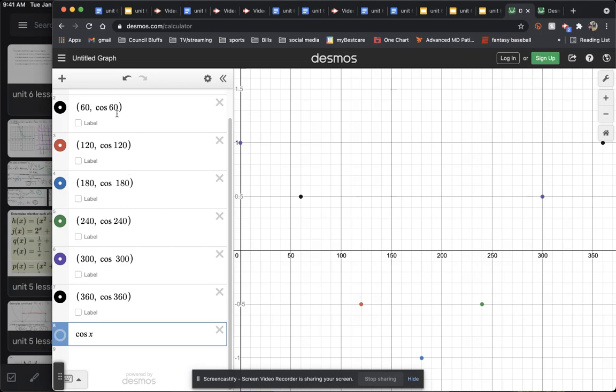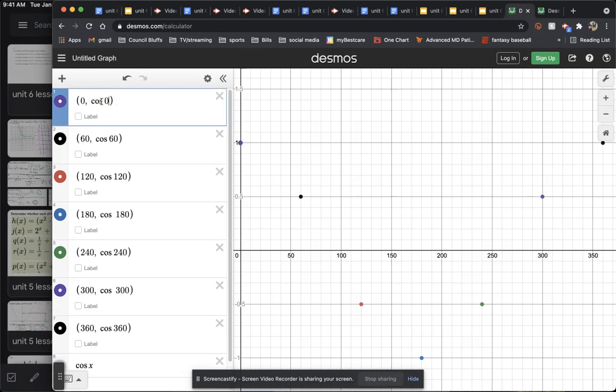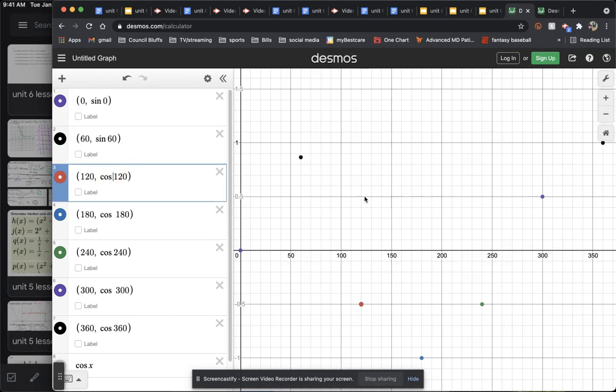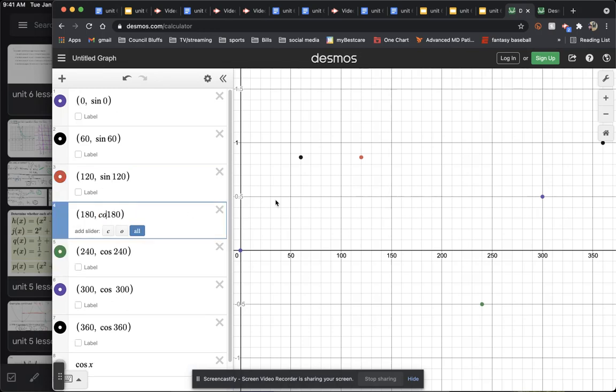That's literally all I'm going to do, is change all the cosines to sines, and we're going to see how that changes things. If you're doing this on your computer, you can do the same thing that I'm doing. You can literally just erase cosine and type in sine.